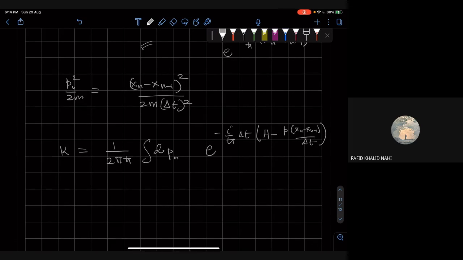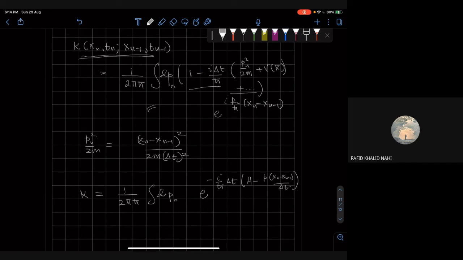Okay, so what am I doing here? Over here, if you see, this is the Hamiltonian, right? Do you agree? This is the kinetic term, this is the potential term. And then we have this guy, right?